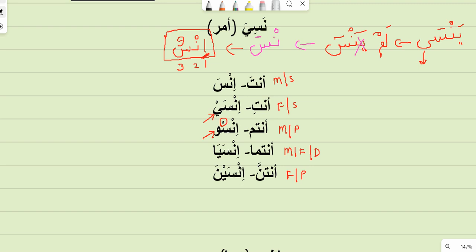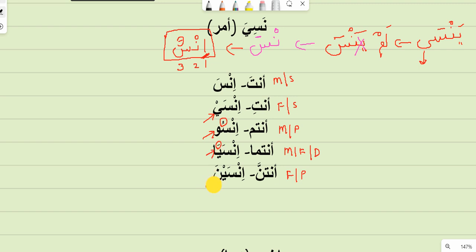And what about the duals? Antuma, insaya. Now the ya will come back in duals, and you cannot make it with the alif maksura because it has been deleted, and the original ya of the fail has come back with the alif muthanna, and the moment this alif came, the ya will have a fatha. And what about female plural?